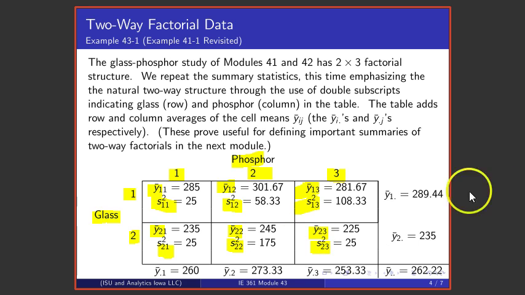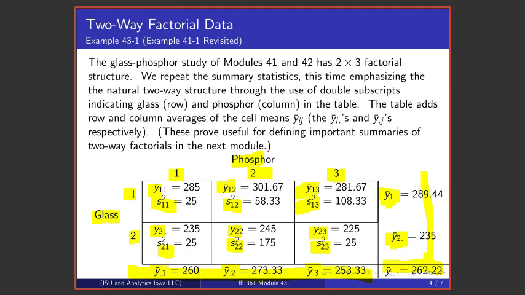I've also added averages of row averages, and the kind of notation that gets used is to say for row 1 we'll talk about a y bar 1 dot, the dot saying average across these 3 values. Y bar 2 dot, we average y bar 2 1, 2 2, and 2 3 to get y bar 2 dot. We could average down columns to get these values, and then average either these or those to get an average of the row averages or an average of the column averages.